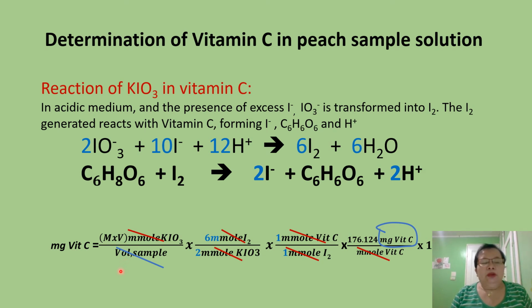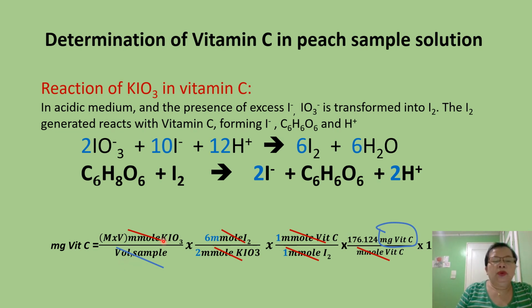Now, take note that our M here is millimole KIO3 per ml KIO3. This volume here is ml KIO3. So multiplying M times V, this will give us unit millimole KIO3 over ml sample.